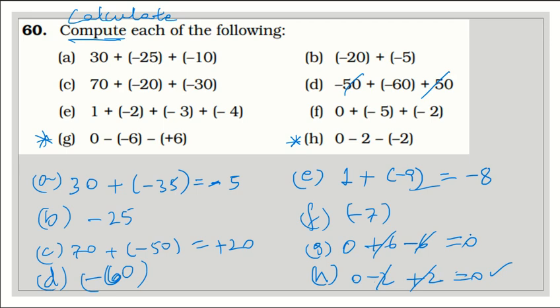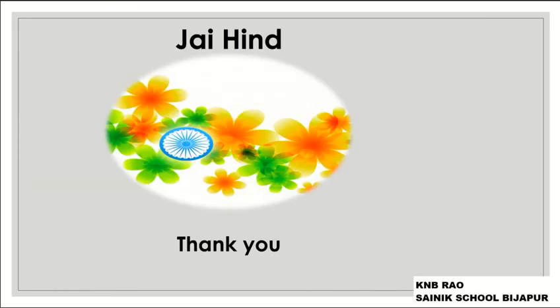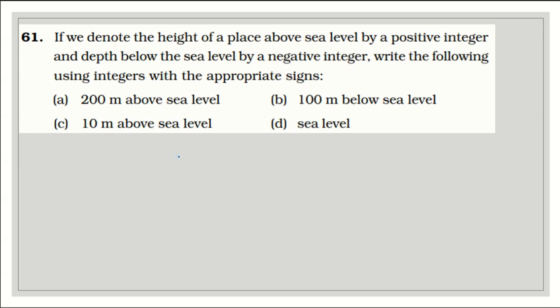Now coming to the last question, 61. See children, here if we denote the height of a place above sea level by a positive integer and depth below sea level by a negative integer, write the following using integers with the appropriate signs.